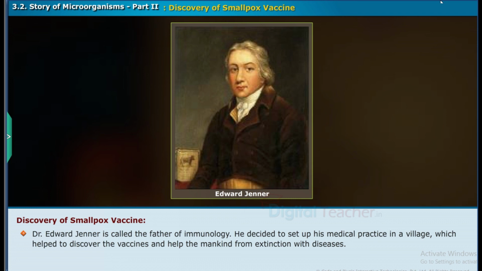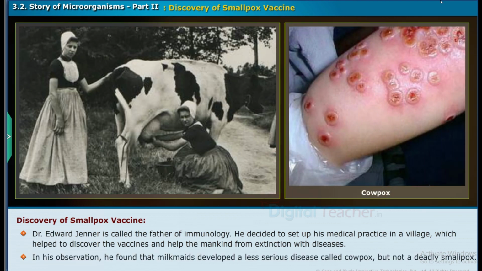Dr. Edward Jenner is called the father of immunology. He decided to set up his medical practice in a village, which helped to discover the vaccines and help the mankind from extinction with diseases. In his observation, he found that milkmaids developed a less serious disease called cowpox, but not a deadly smallpox.